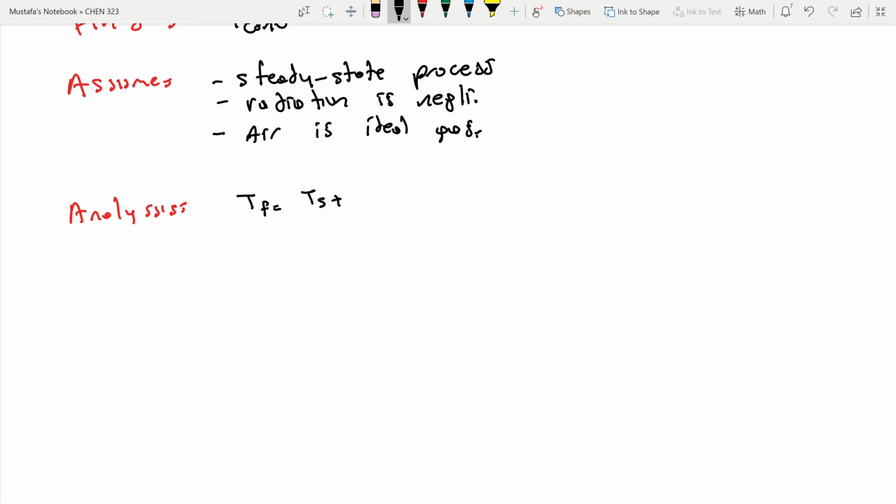So this is Ts plus T infinity over 2, which is 110 for the surface, 10 degrees for air. So the average is 60 degrees Celsius, which corresponds to 333 Kelvin. At this temperature, thermal conductivity of air, I need to look these up.